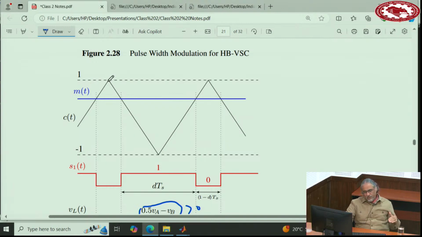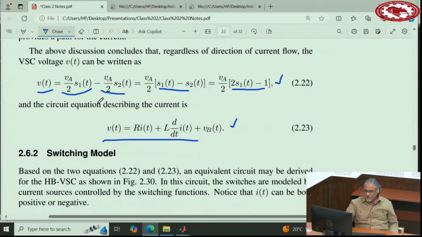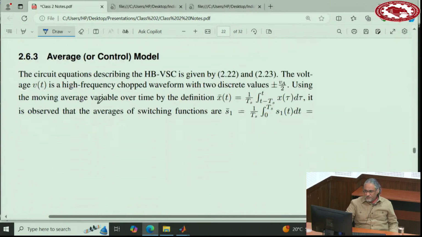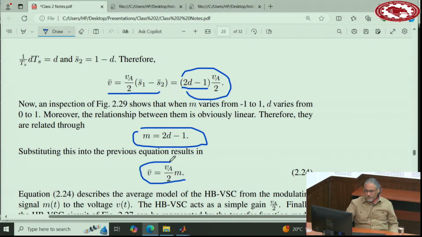So the only equation that can represent this is M equals 2D minus 1. There you go. So you can either use this equation, or if you want to use this equation versus M, you can use this equation. This is better because M is really the input to the PWM. M is the point that you control.